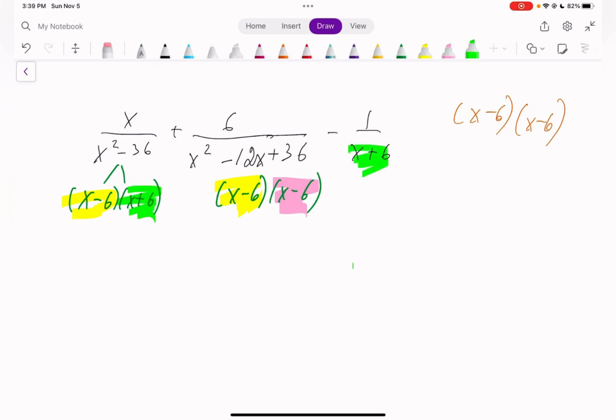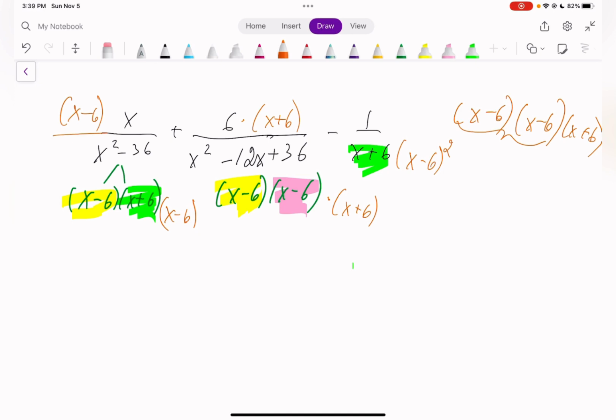So the common denominator is going to be x minus 6 squared times x plus 6. All right, so what are we missing here? Here we are missing x minus 6. Here we are missing x plus 6 times x plus 6. Here we are missing x minus 6 squared.